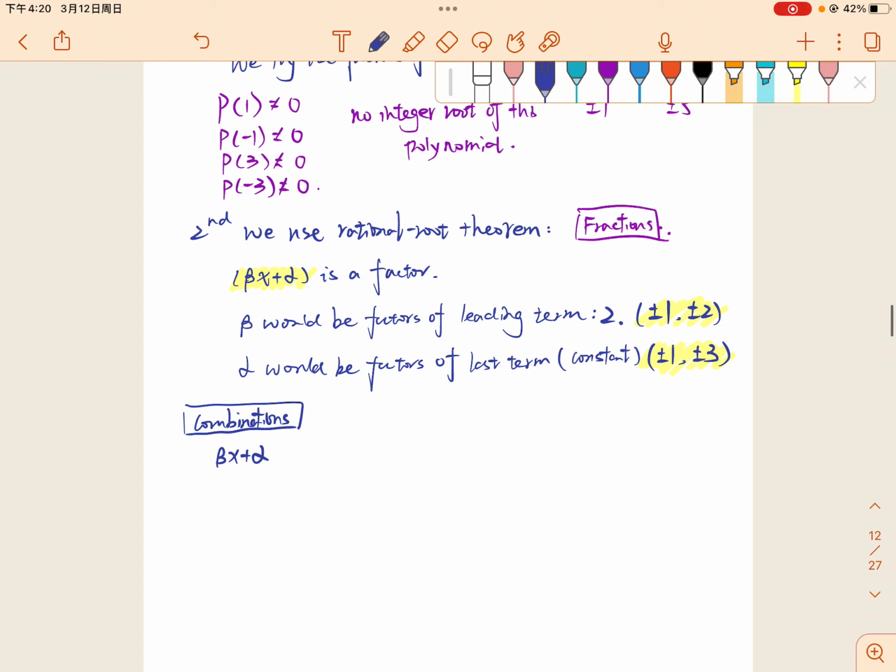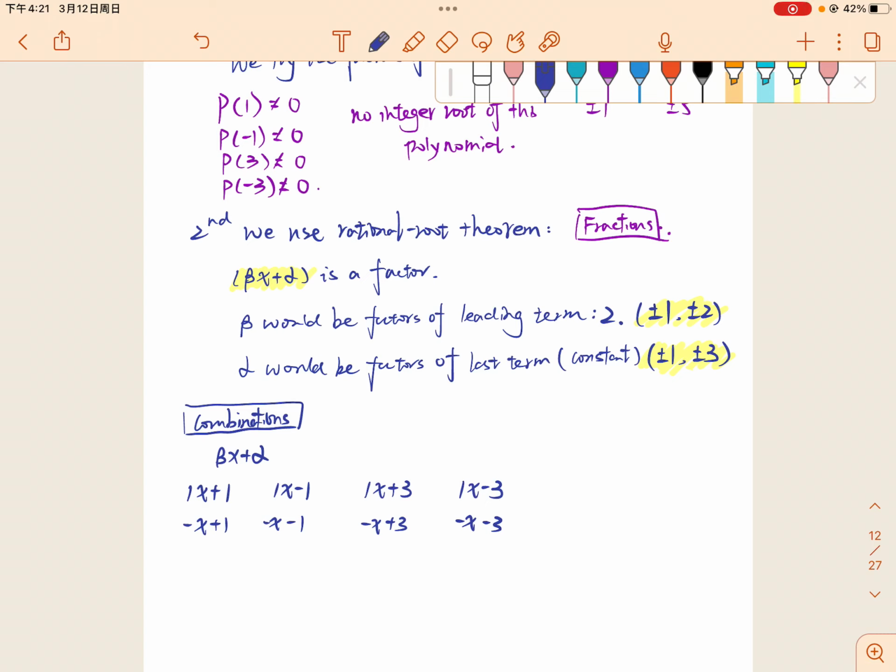We could have 1x plus 1, 1x minus 1, 1x plus 3, 1x minus 3, or negative x plus 1, negative x minus 1, negative x plus 3, negative x minus 3.